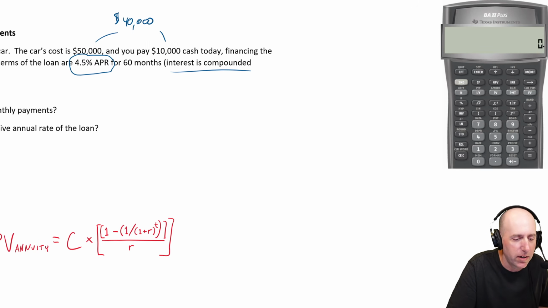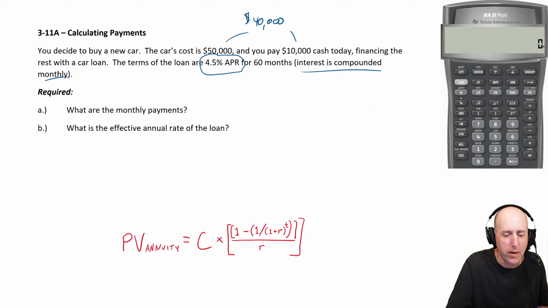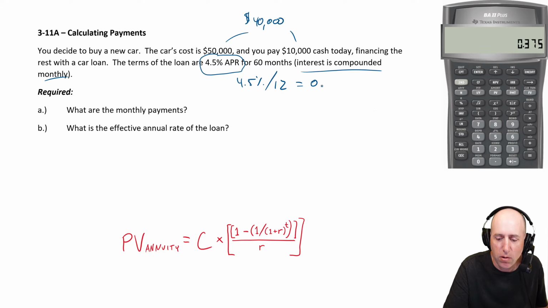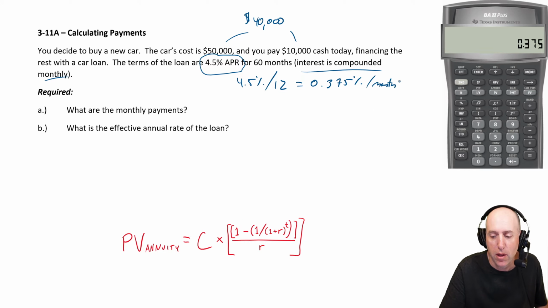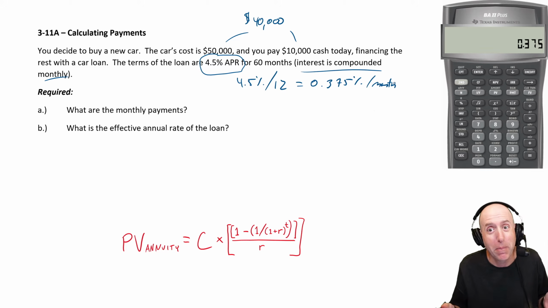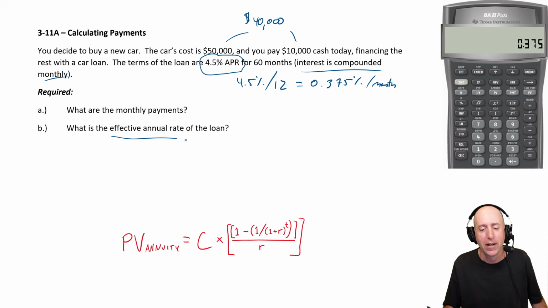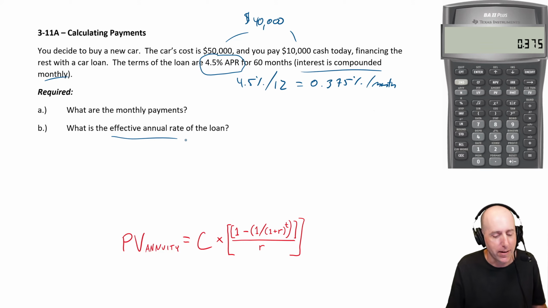So if the interest is compounded monthly, we just divide 4.5% by 12 to figure out the monthly rate of interest. 4.5 divided by 12 is 0.375% interest per month. That's our true interest rate. It's really 0.375% per month. It's not really 4.5% per year, as we'll show with our effective annual rate when we at last calculate that.